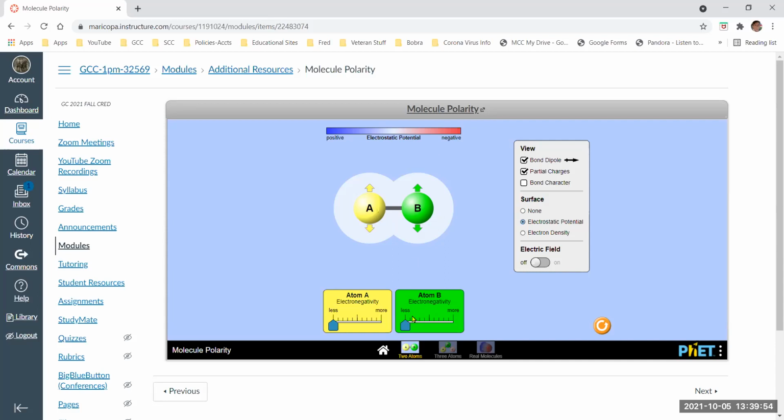The moment I increase the electronegativity on one of these atoms, there's going to be a change in character. Let's take B and increase its electronegativity value. Electronegativity is a value that all the atoms have.